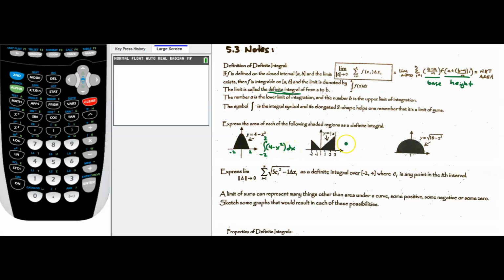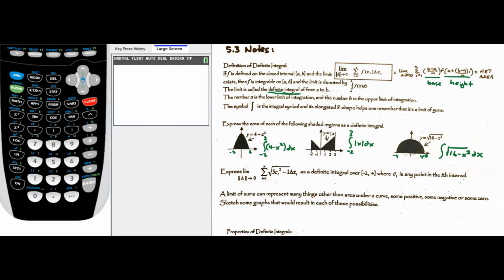So this one would simply be the definite integral of the absolute value of x dx going from, you could see, -2 to 3. Or this one right here would simply be the definite integral of the root of 16 minus x squared dx going from, I think that's going to be -4 to +4.